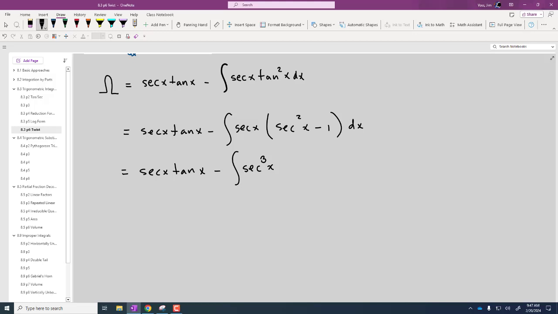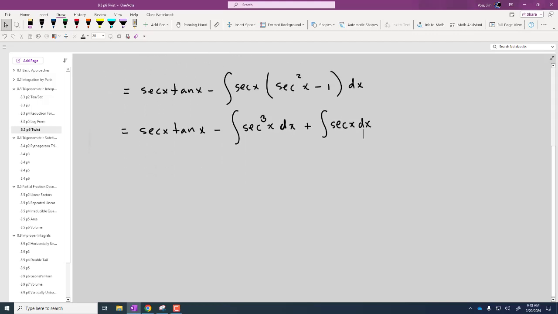This minus has to distribute, though, so if we break it apart into two integrals, that's what we have. So secant cubed, but a negative, and then minus secant, but we distribute that minus to make it plus. So that's what we have. Well, that's what the original integral was.